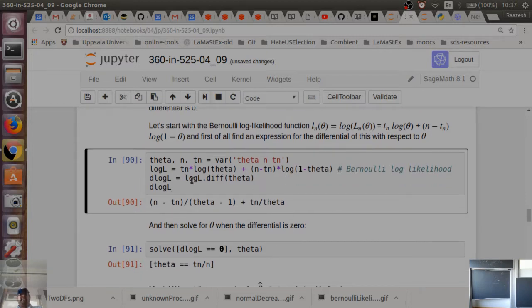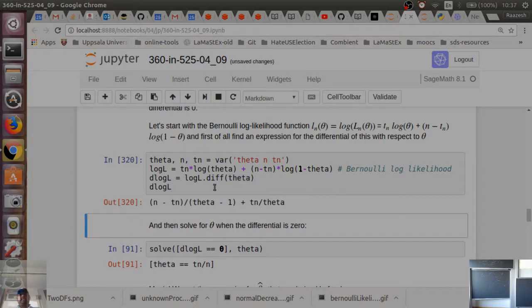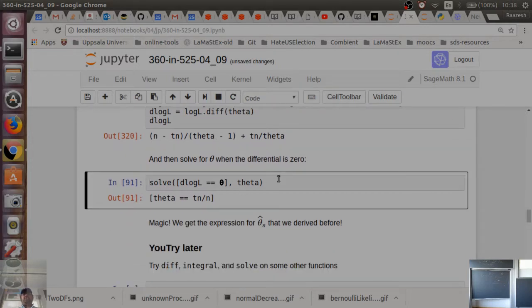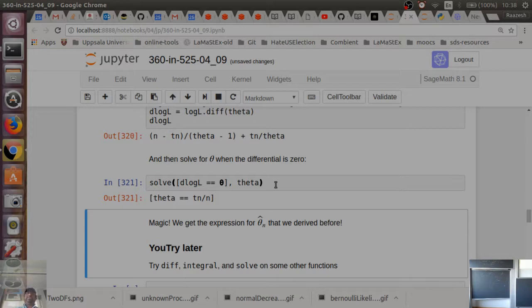Then I can take my log L, the log likelihood, and do a dot diff, find the derivative with respect to theta. Now I ask what is d log L, which is just what we were doing earlier: n minus tn over theta minus 1 plus tn over theta. Now I can solve for it, right? Because I want the d log L to be 0. So solve that equation, and it just gives me theta as Tn over n.